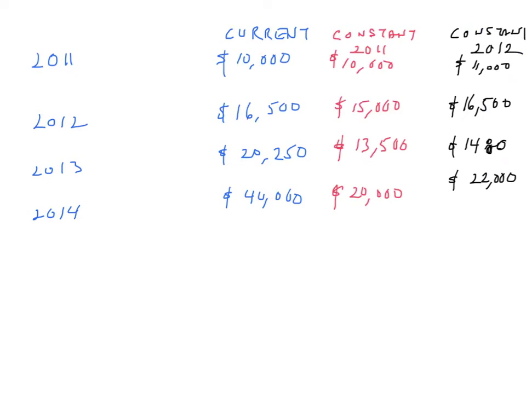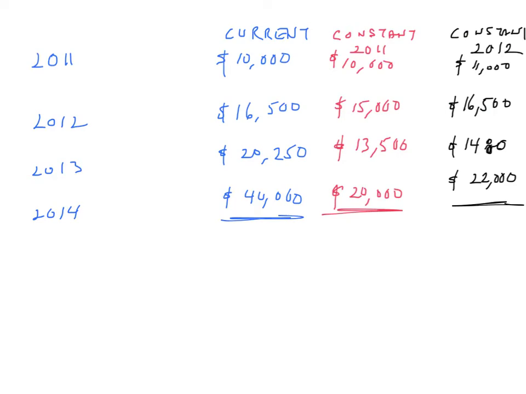And then the third column is in constant 2012 dollars, also real GDP. So the black column here is real GDP, the red column here is real GDP, and the blue column here is nominal GDP.